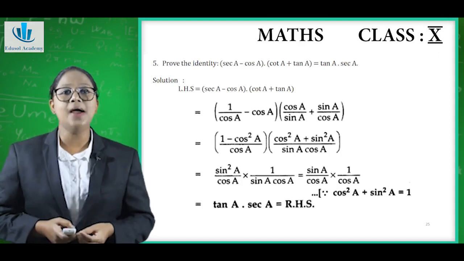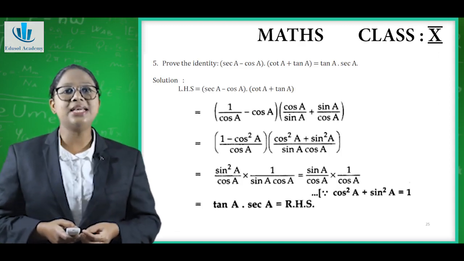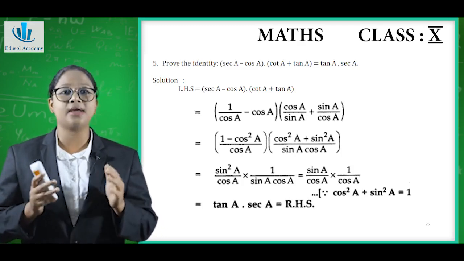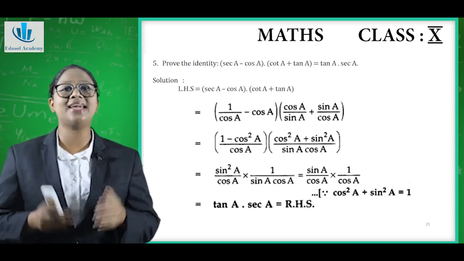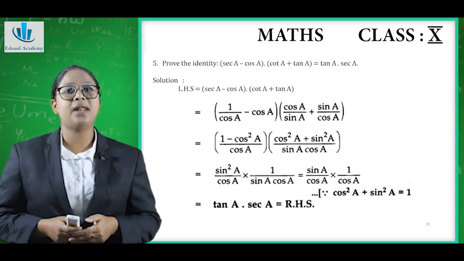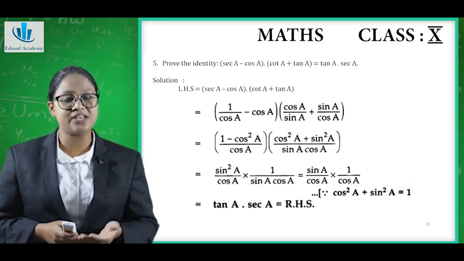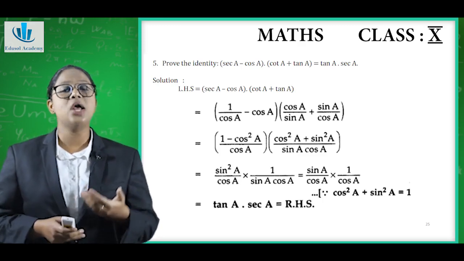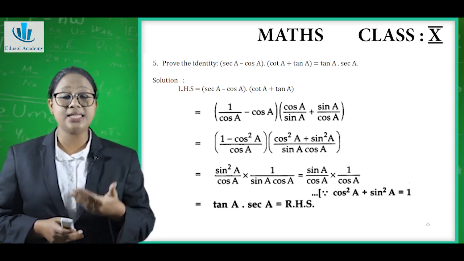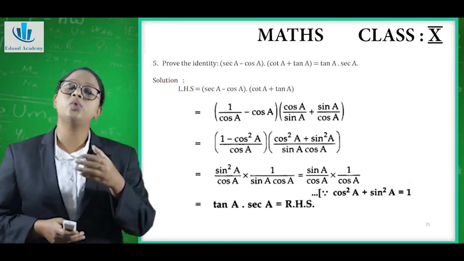Now the next question: prove the identity (sec θ − cos θ)(sec a − cos a)(cot a + tan a) is equal to tan a sec a. I had already specified that when ratios other than the basic ratios come, you replace them.